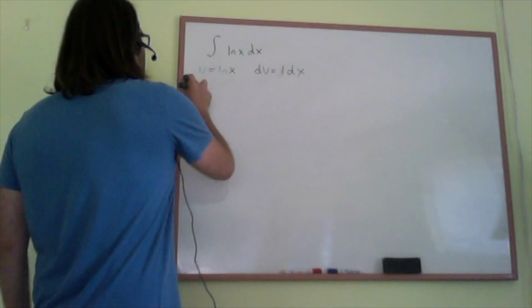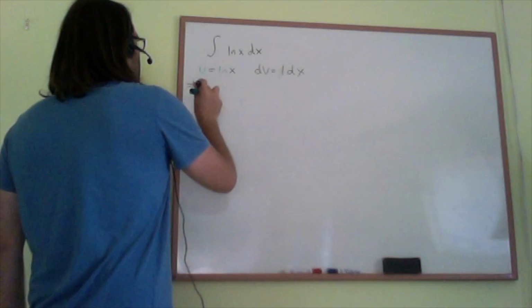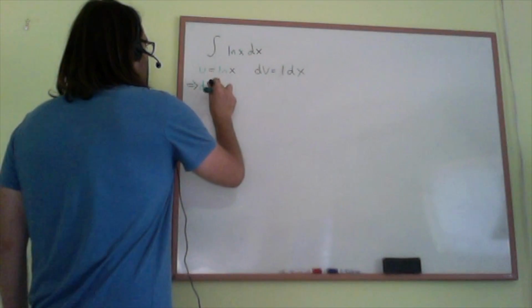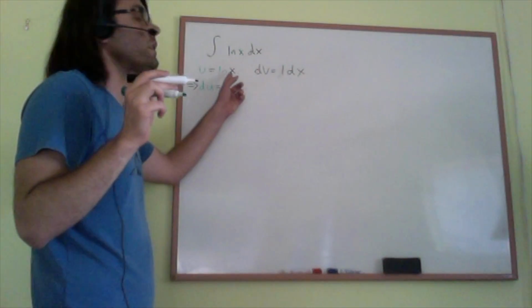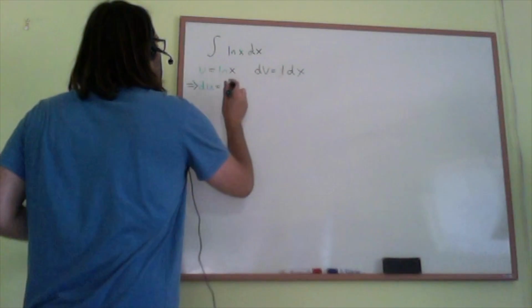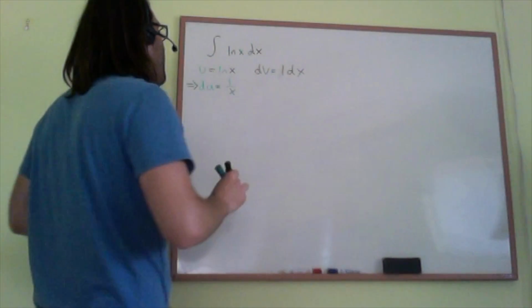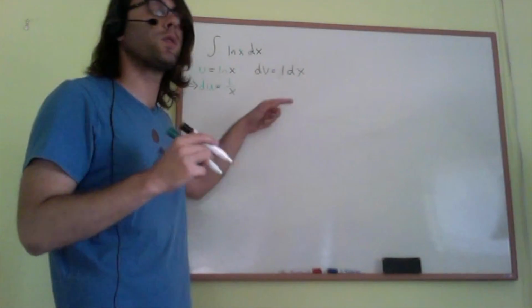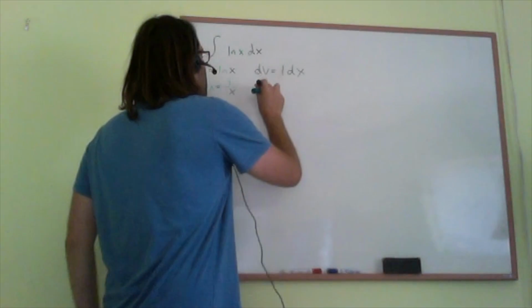This, of course, implies that du equal to the derivative of ln of x is 1 over x, and the antiderivative of 1 is, of course, x.